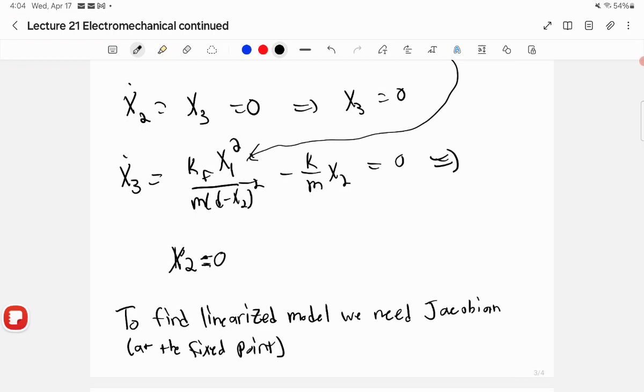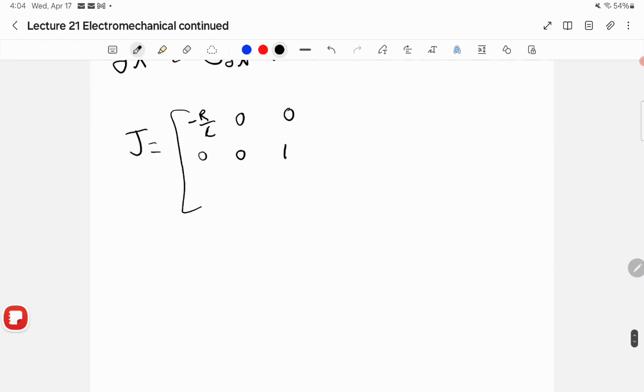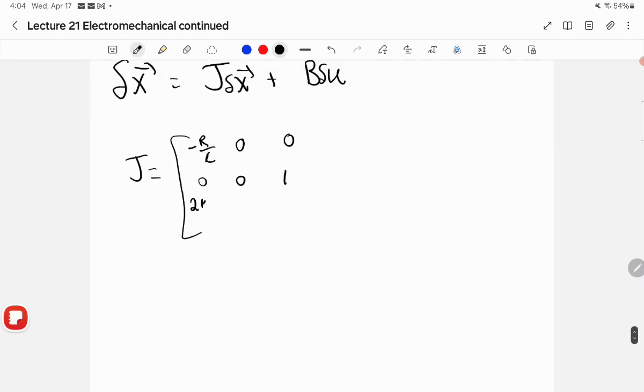So if I take the derivative of this with respect to x1, then obviously this is going to be 2 times kf times x1 divided by m times (d minus x2) squared. Oh, oops, this was m.